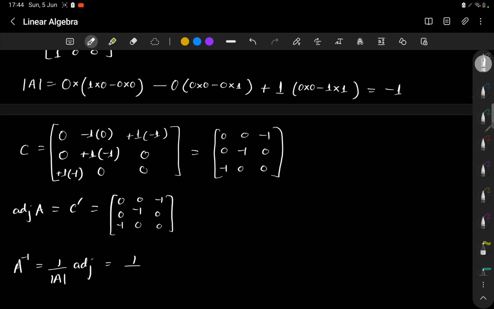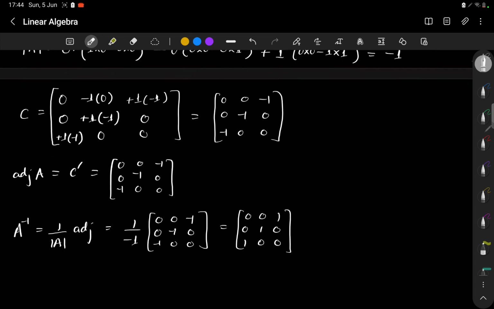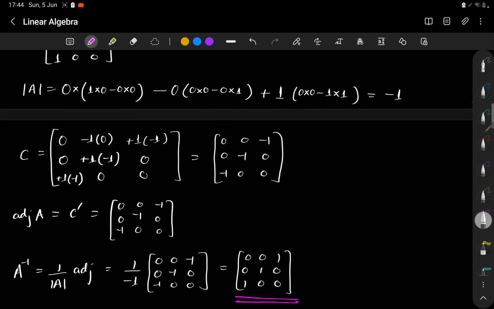So 1 over the determinant is -1. So this gives us the following as the inverse. So this is the desired solution. This is the inverse of the matrix that we were supposed to find.